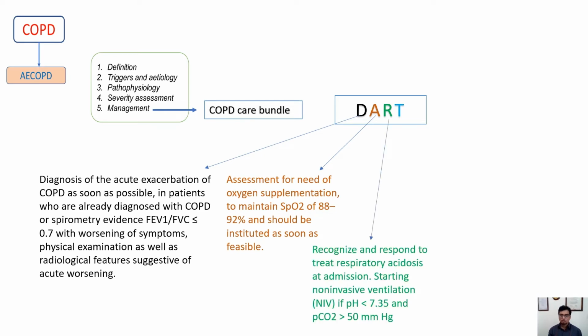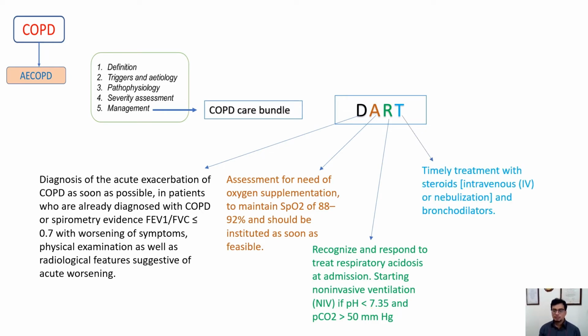R, you have to recognize and respond, to treat the respiratory acidosis at admission. For that you need to do an ABG. If ABG shows pH less than 7.35, that is acidosis, or PCO2 more than 50, that means the patient has developed respiratory acidosis. So you have to recognize that and respond to treat it.